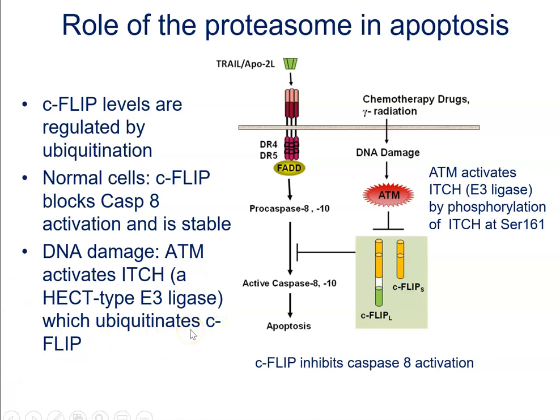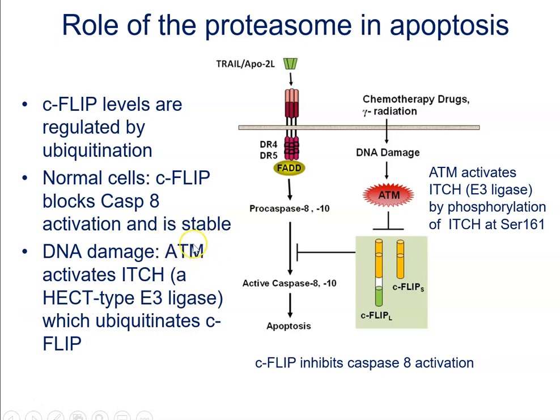If we think back to the DNA damage pathway that I've just talked about with p53, some of the key proteins are ATM, ATR and CHEK2. They are all kinases which flag up a DNA damage response to various parts of the DNA damage and apoptotic pathways. ATM here activates a protein called ITCH, and ITCH is one of these HECT-type E3 ligases.